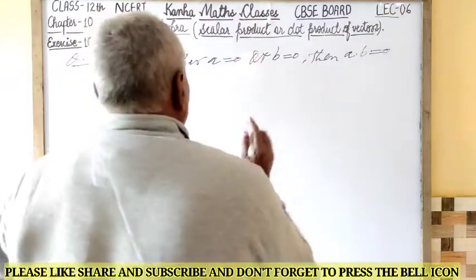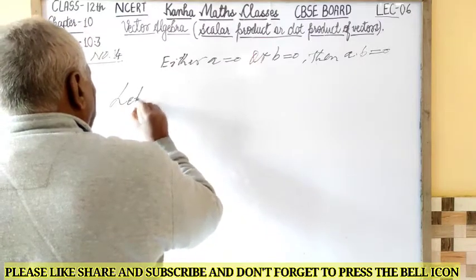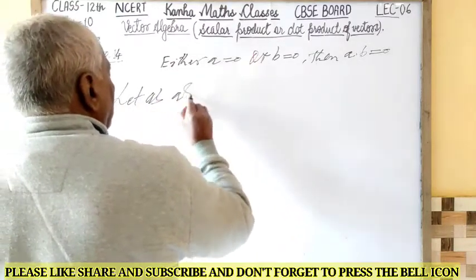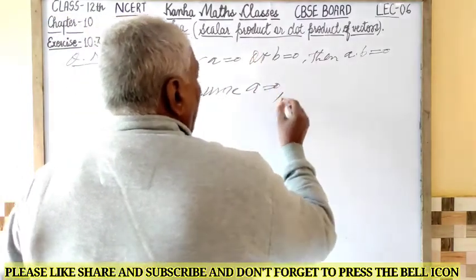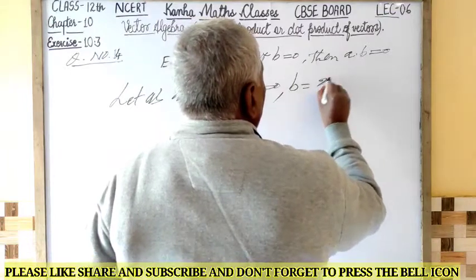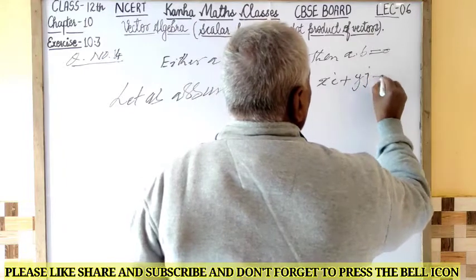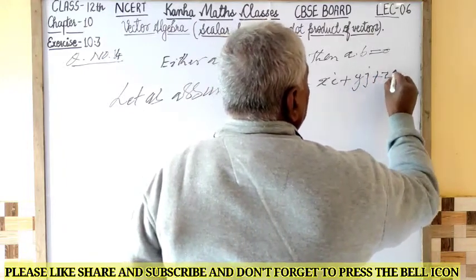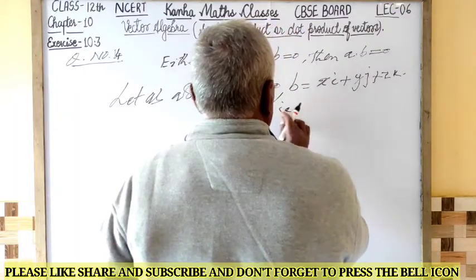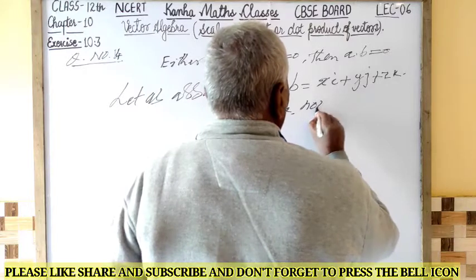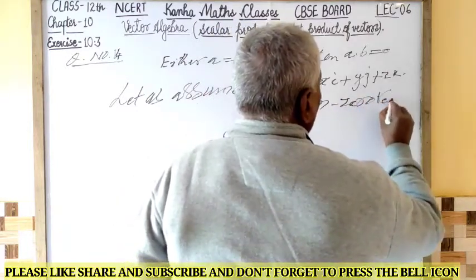For this justification, let us assume A is 0 and B is xi plus yj plus zk, that is a non-zero vector.